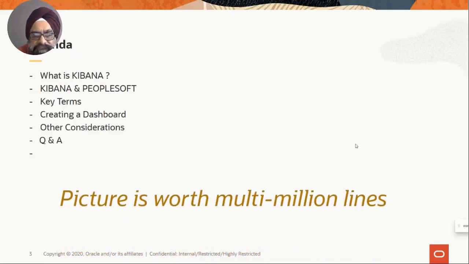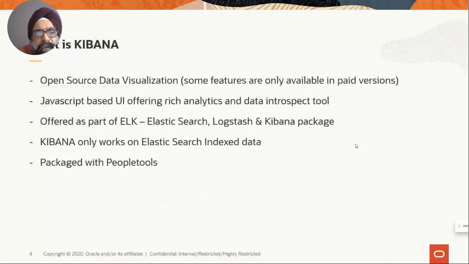One thing which is obviously worth saying is a picture is worth a multi-million lines. And I'm sure some of you have those multi-million lines which need to be aggregated on the basis of various formats. That's where Kibana plays its role, because it's an open source data visualization tool.